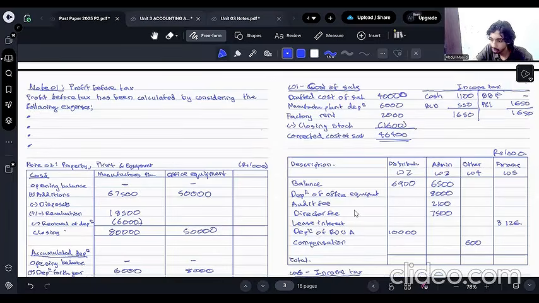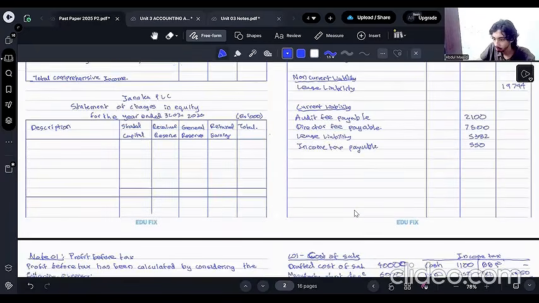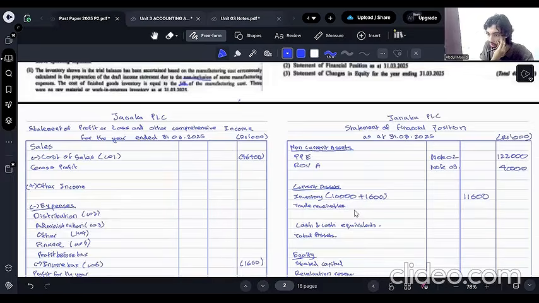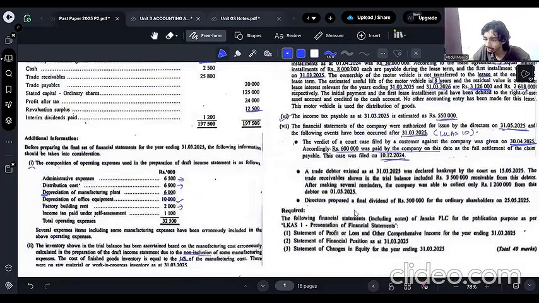Okay. So then here you can say provision for compensation 600. Okay, that is done. Then a trade debtor existing as at 31st March 2025 was declared bankrupt by the court on 5th of May.